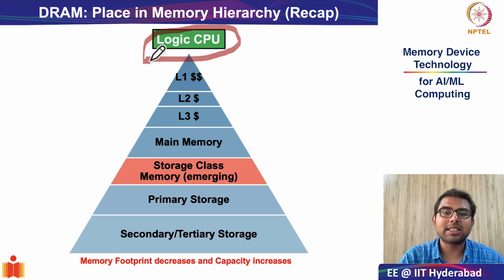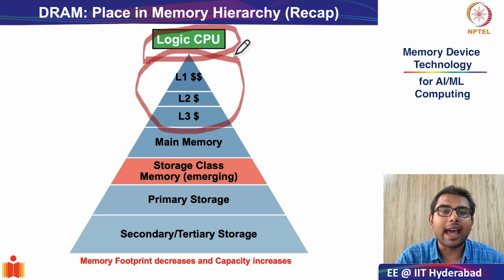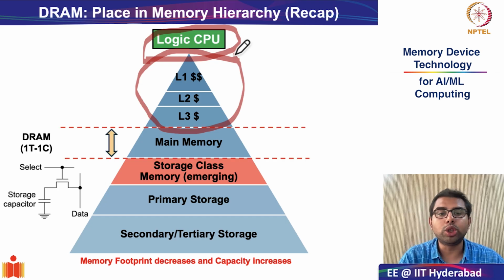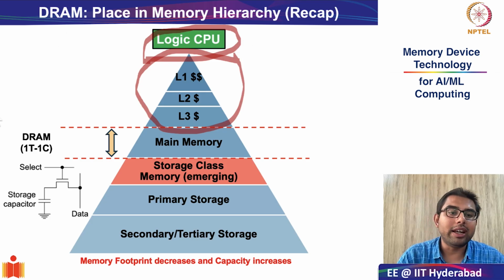So in the previous section we finished with the cache memories, the L1, L2 and L3 cache, and the constituent memory element of the cache memory, which is static random access memories, SRAMs. And next we will move on to the main memory part of our discussion, and the constituent memory element of main memory is DRAM, or dynamic random access memory.